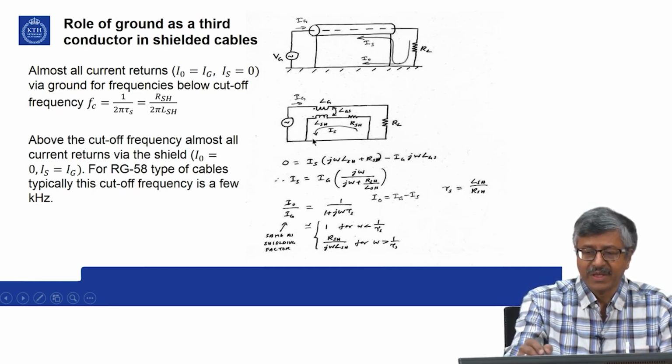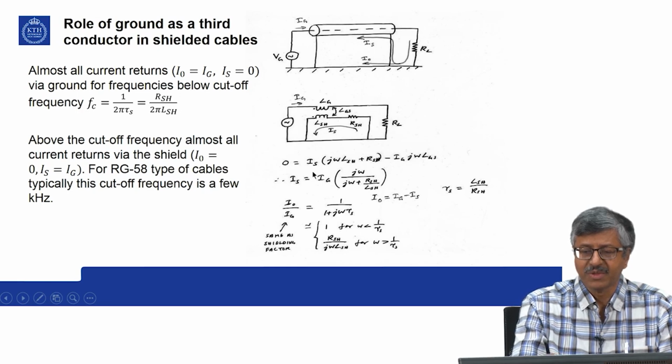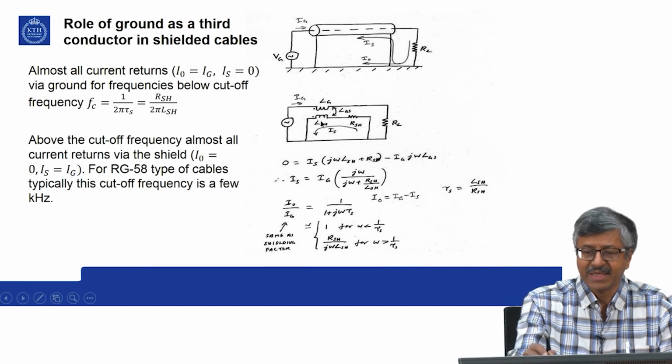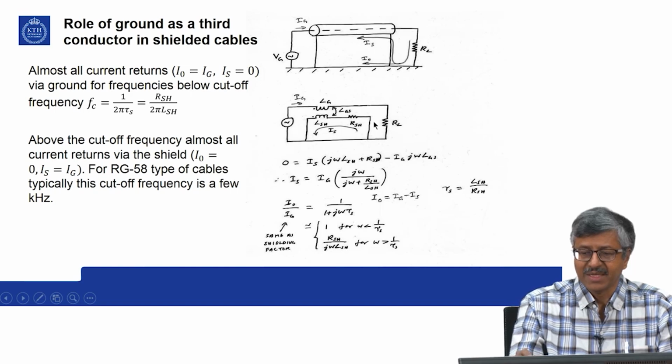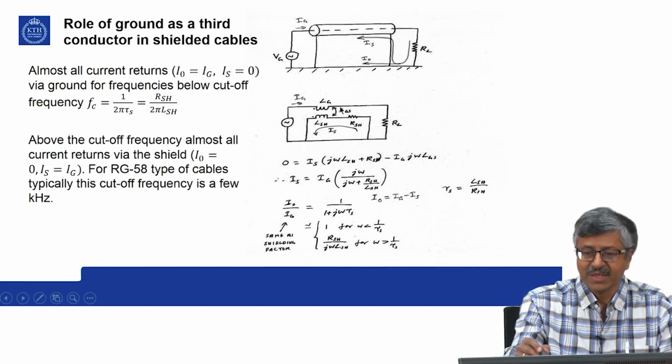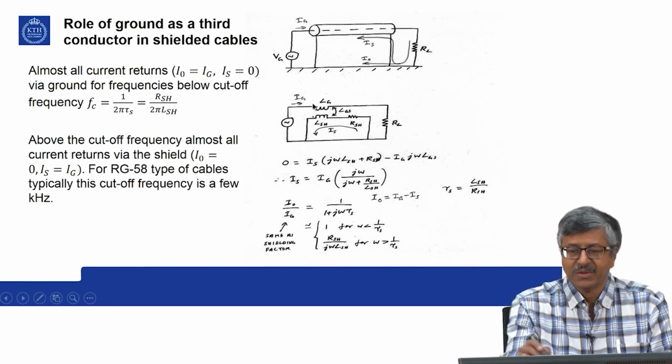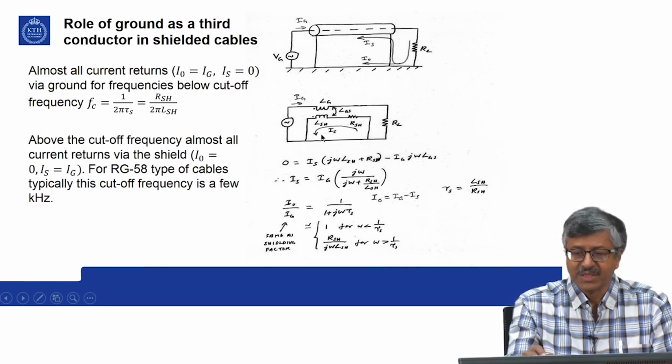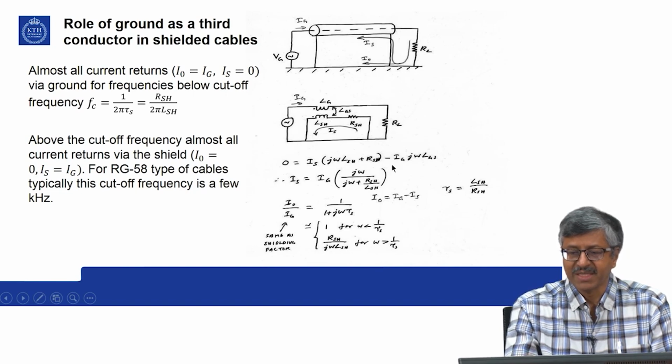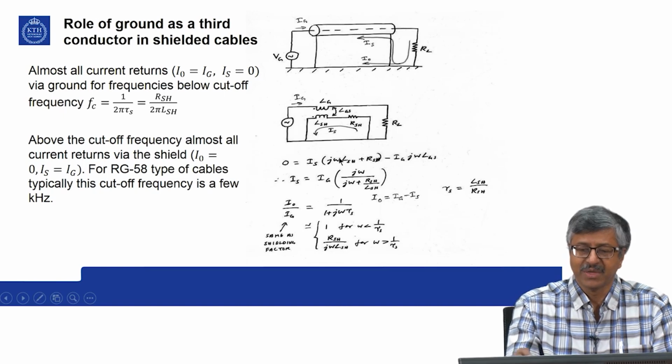Now, if you write the loop equation, 0 equals IS times j omega LSH, taking this shield loop, plus RSH, then a source, that is a series voltage source due to this mutual coupling, which will be opposing the original flux. So, it is minus Ig j omega LGS. This equation you have seen before.